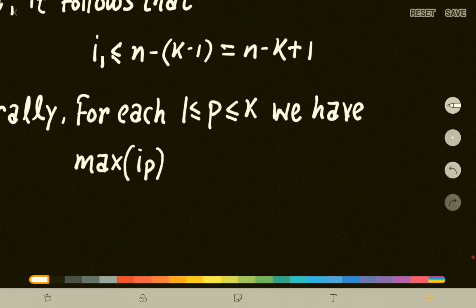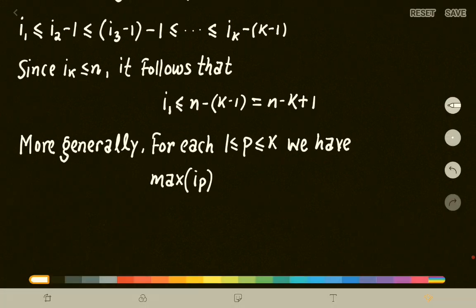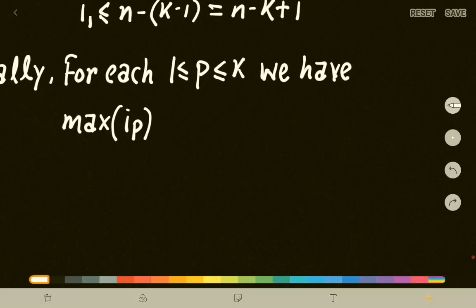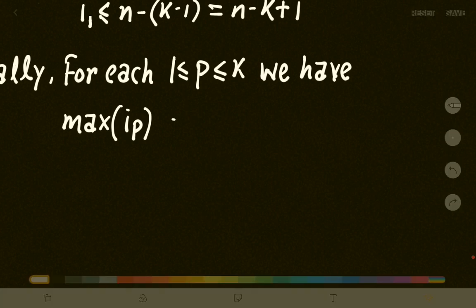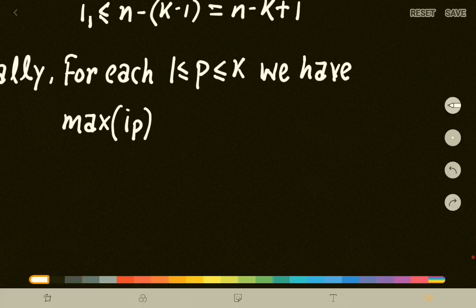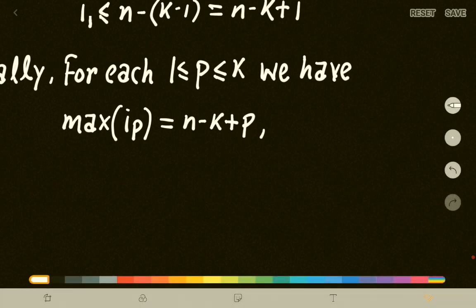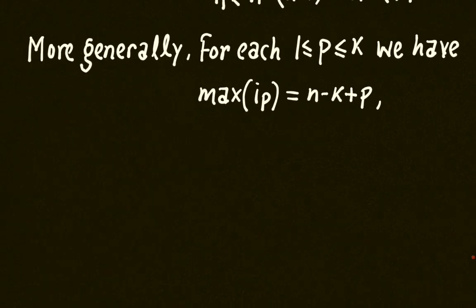You can actually see this very easily. Here I deduced the maximum value of I sub 1. You can do the rest, I sub 2, I sub 3, by yourself, and eventually you'll notice a pattern. The pattern is that the maximum value of I sub p is n minus k plus p. You can also prove it by induction, but it's not needed here.